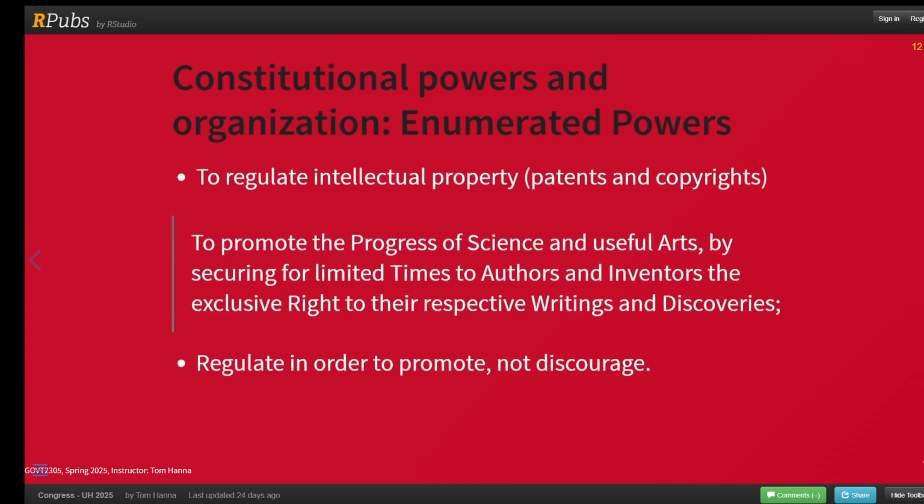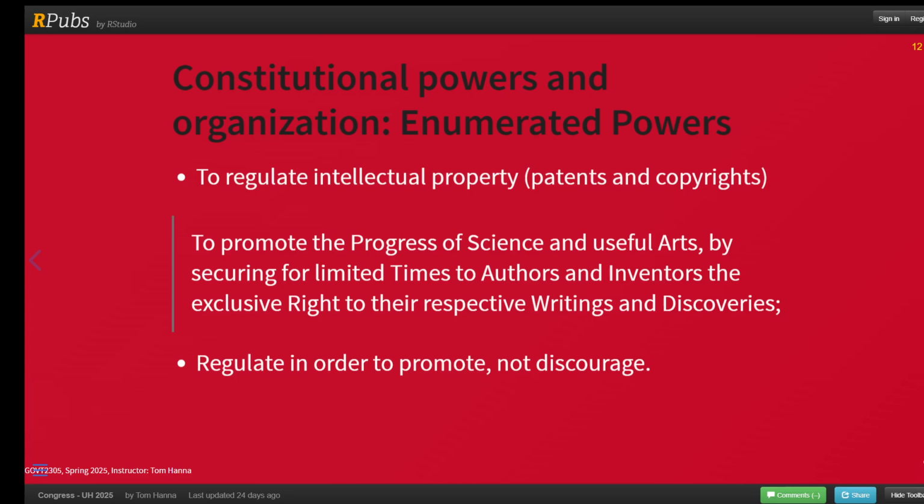They give Congress the right to issue patents and copyrights, or to arrange for issuing patents and copyrights, to set up a patent office and a copyright office. And the whole point of this is to promote the progress of science and useful arts. So you encourage inventions by giving the inventors a patent so that they can make money off of their invention.